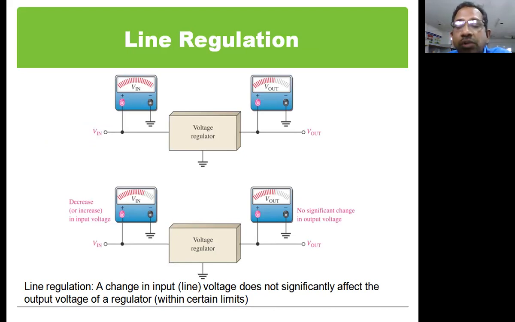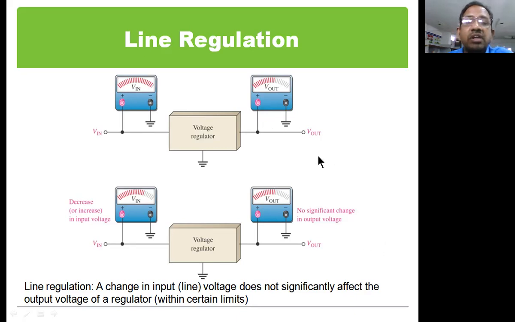Then pictorially, how can we show the regulation here? See here, the input is varying. Even though the input is varying, the output is kept constant. Say I've increased the input, but the output is still constant. Now I decrease the input, and if you see, the output still remains constant. That means the output has become constant irrespective of the changes in the input signal.